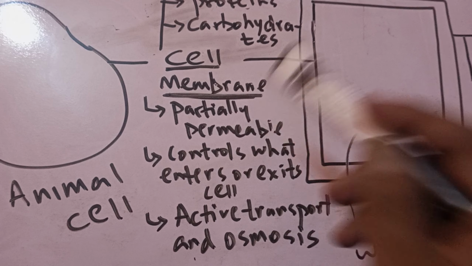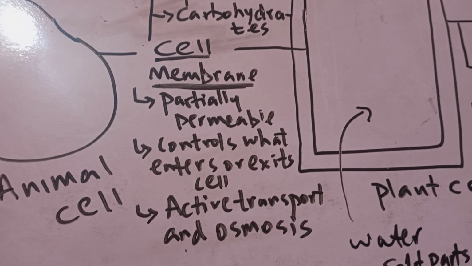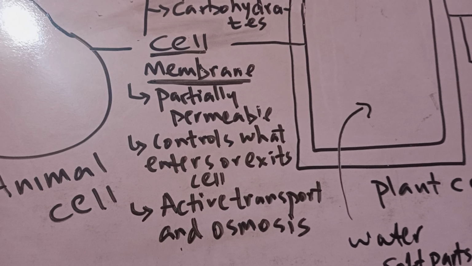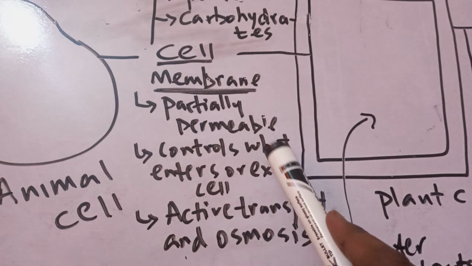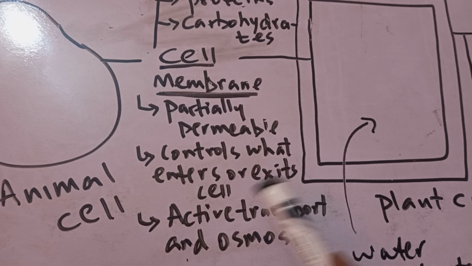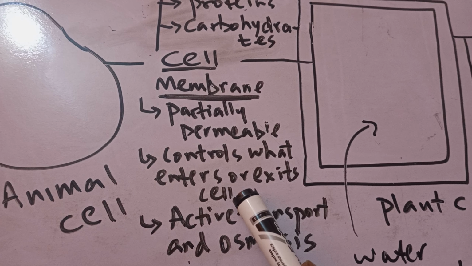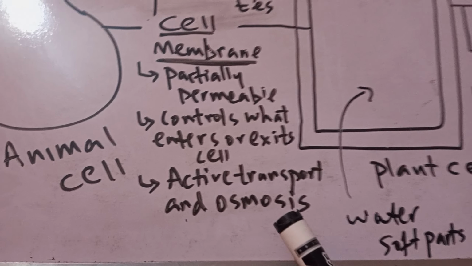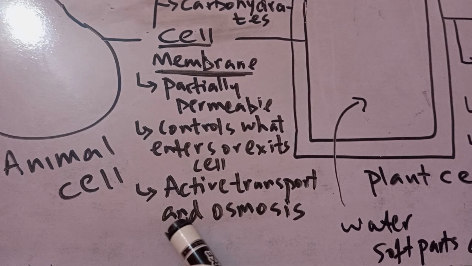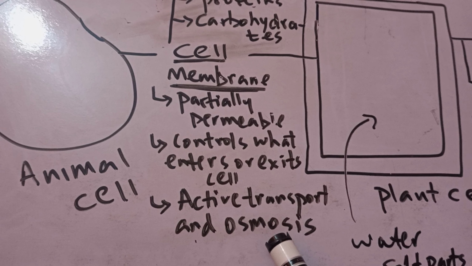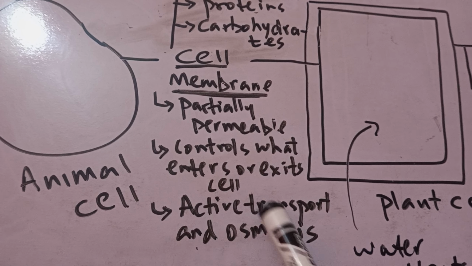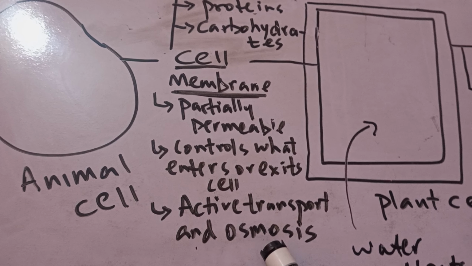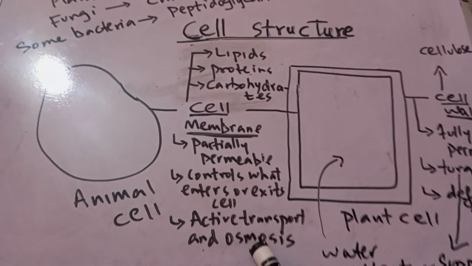Partially permeable means that some molecules can pass through it while others cannot. So we can say the cell membrane controls what will enter or leave the cell. Also, active transport and osmosis take place through the cell membrane. For active transport and osmosis to occur, the presence of the cell membrane is compulsory.